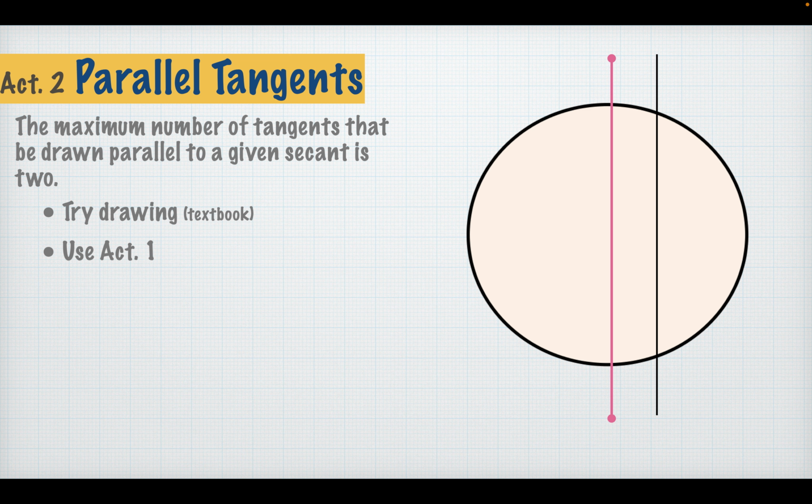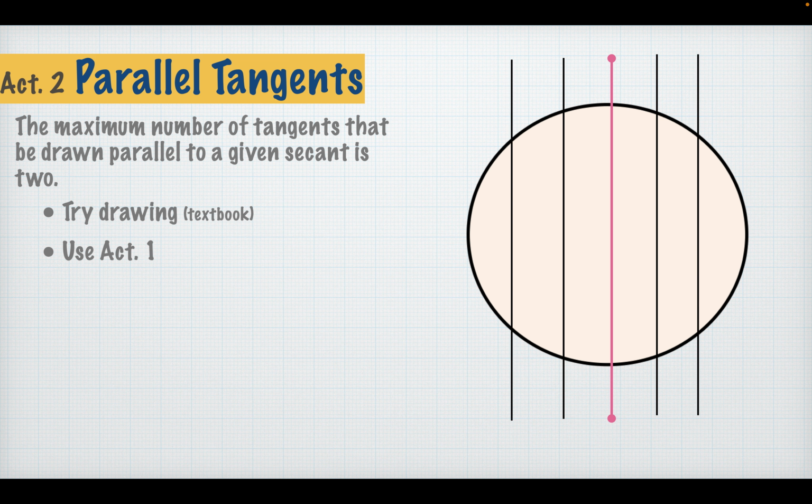It's a line parallel to the secant in the magenta. Not magenta, I don't know, it's some shade of pink. Then to the left, then I draw one more to the right, then one more to the left.